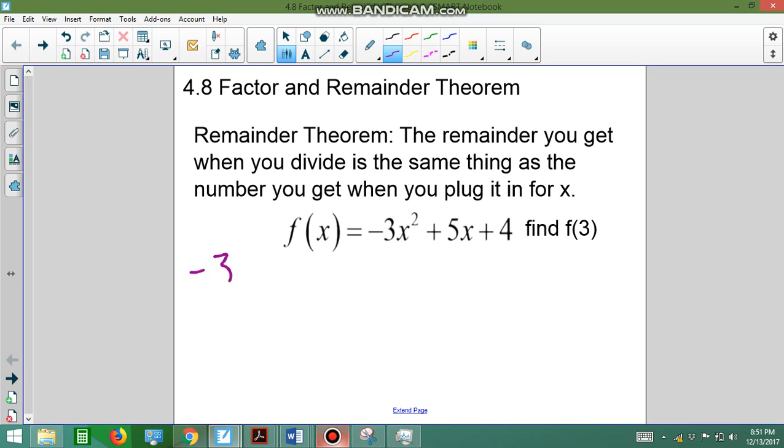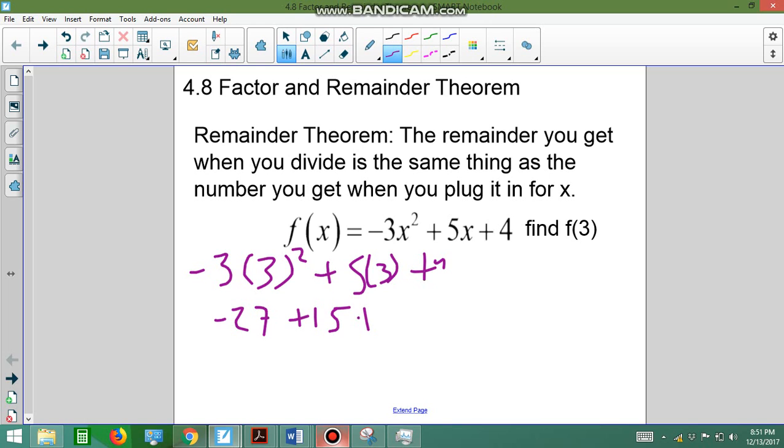So we'd say negative 3, or positive 3, excuse me, 3 squared plus 5 times 3 plus 4, which gives me negative 27 plus 15 plus 4, which leaves me with negative 8.